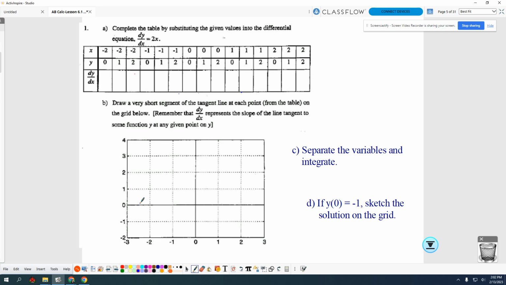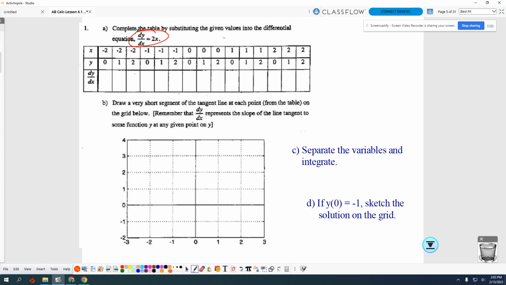Okay. So let's figure out how to generate these. This first problem is telling us dy dx equals 2x. And here we're wanting to find the slope at a whole bunch of different points. And it gives the x and y value of the coordinates.